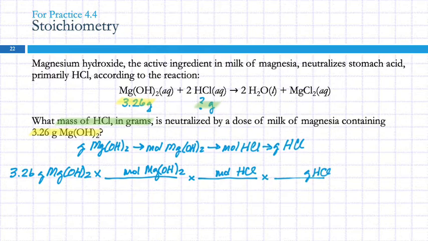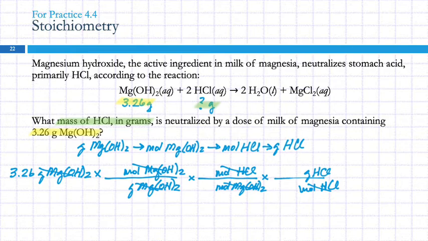Grams to moles to moles to grams. Get all the units written in there first. Those are going to cancel. Those are going to cancel. Those are going to cancel, right?